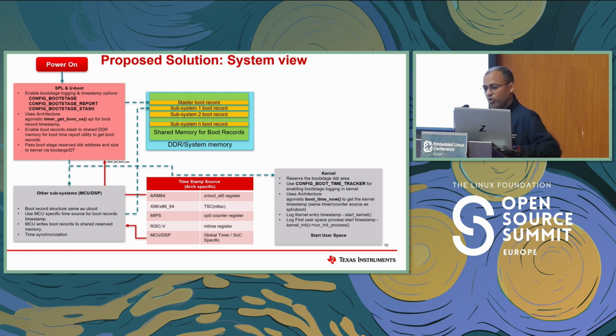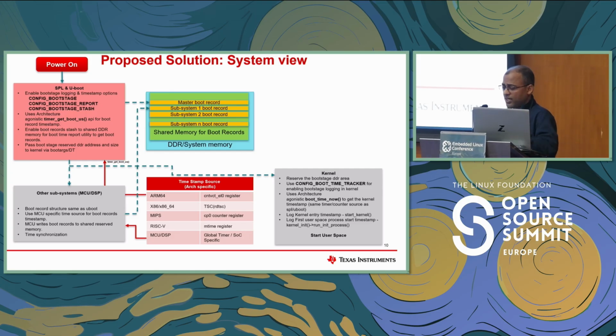And I think at the last Denver, Tim presented adding these two or three logs in the kernel, so a similar approach we are taking here as well. We add two logs: at the start of the kernel and when the kernel starts the first user space process. I will go into more detail on the next slide about what exactly I have done there.